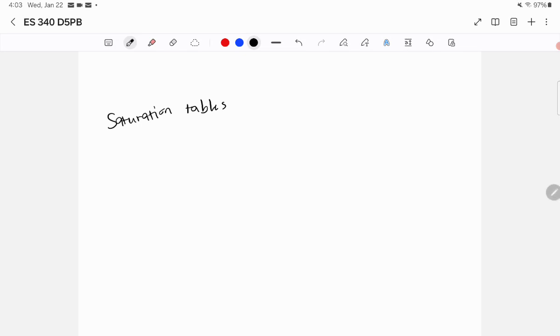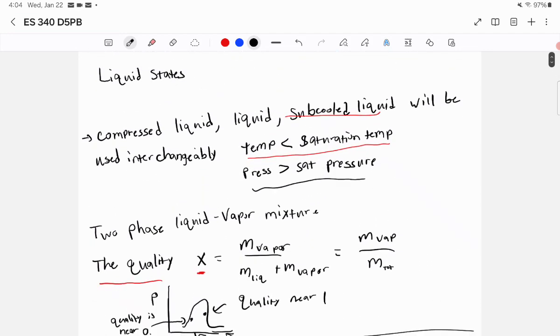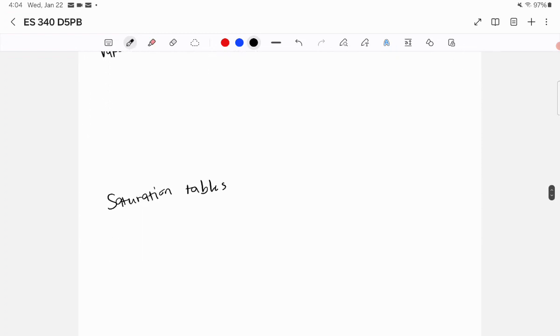For the saturation tables, what we're going to be interested in is we're either going to have something that's in the saturated state or in a mixture, as we noted before. And the basic idea here is that we can use the quality. Remember the quality that we had up here, which was M vapor over M liquid plus M vapor, right? So we had this as our quality.